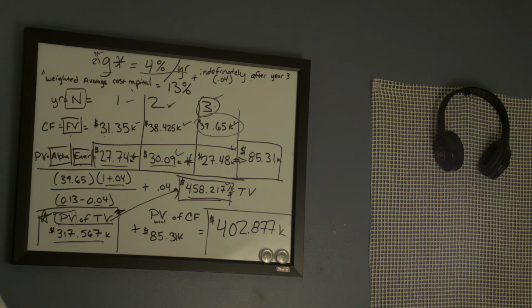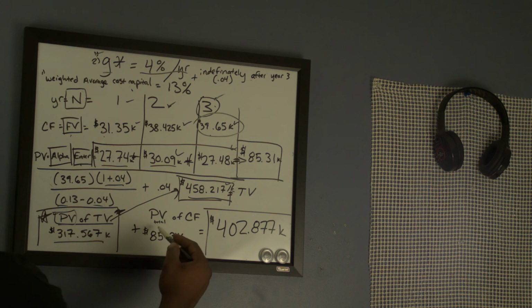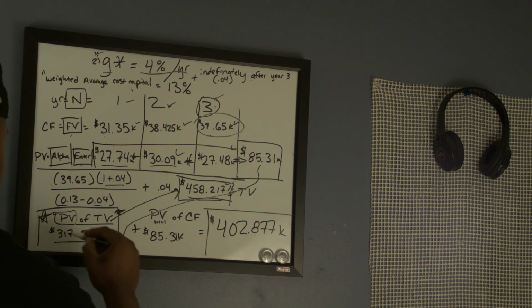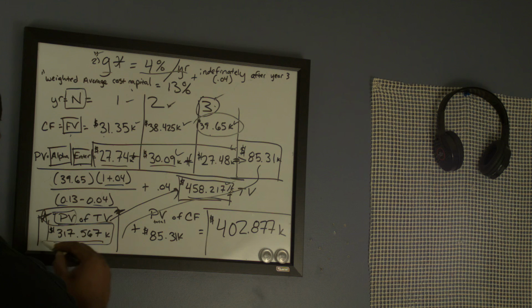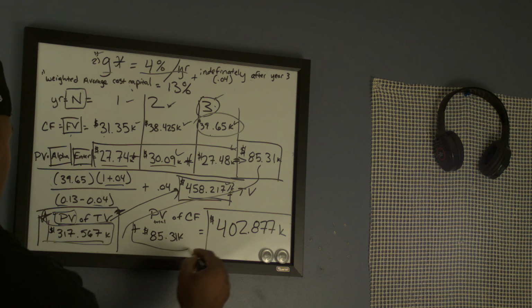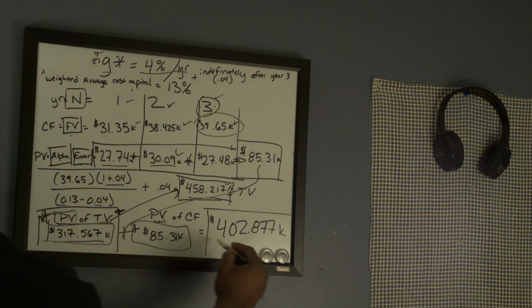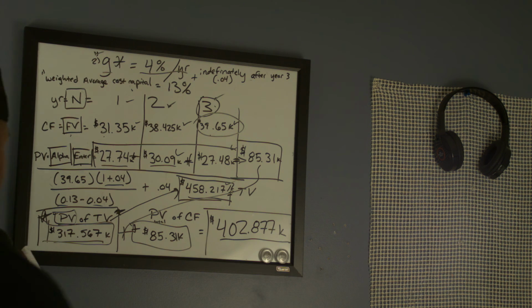Okay. And then once you get that, you take that with your answer that you got down here, which is your present value of that terminal value, and you add these two together. And that will give you the total value of your firm.